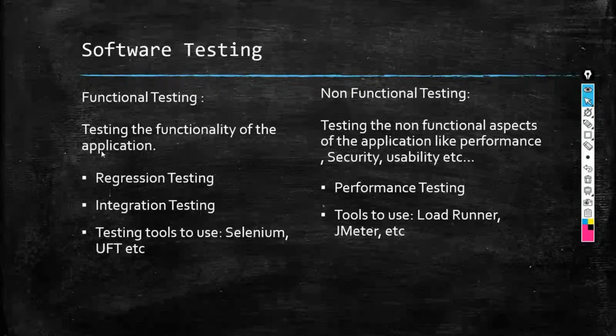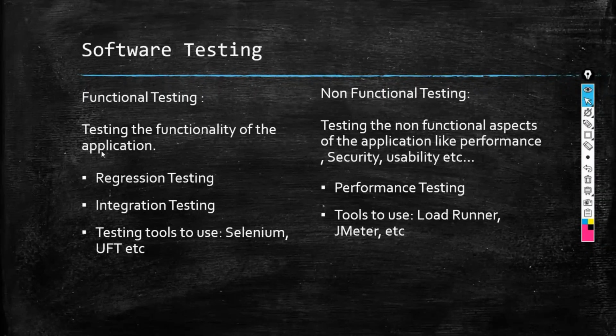That means you want to go to the third floor. Now, when you press 3, if you want to test the functionality of it, you have to verify whether the lift is going to the third floor or not when you press the 3 button. That is testing the functionality aspect.